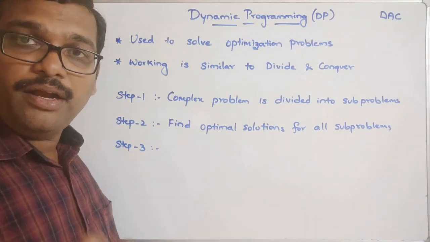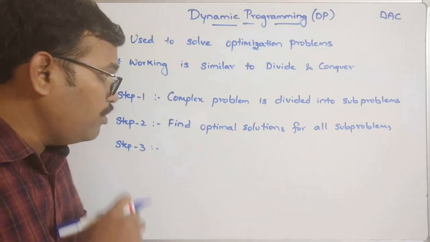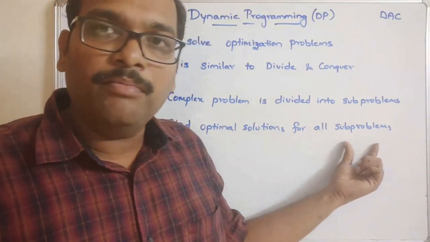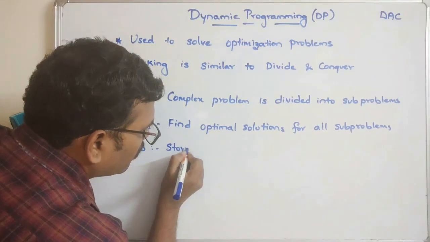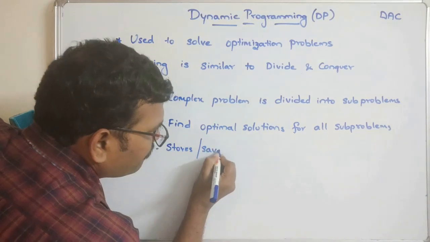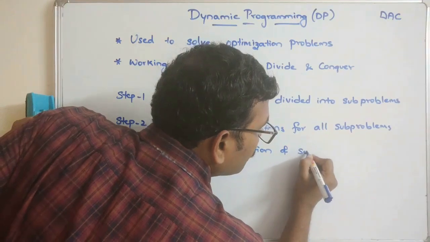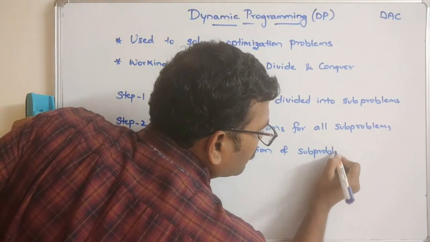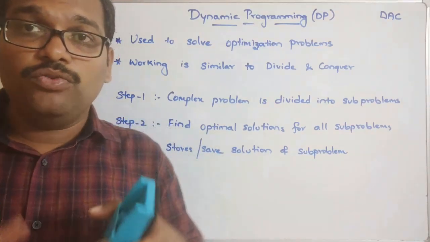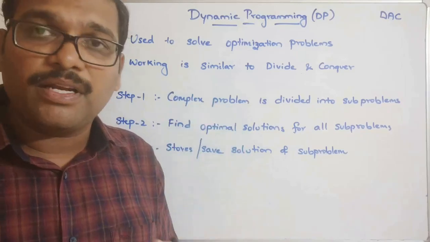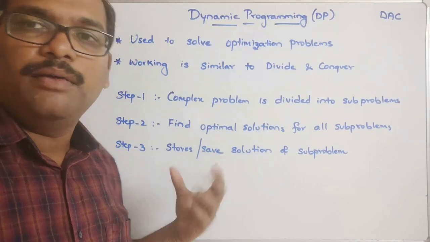And step 3, this is the most important and unique among the remaining algorithmic approaches. Store the solution of the sub-problem in memory, so that if we require the solution for the same sub-problem some other time, we can avoid recomputing and get the solution from the memory.